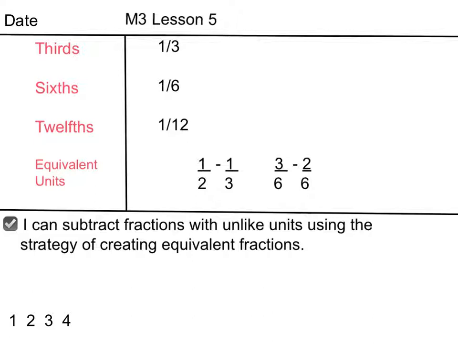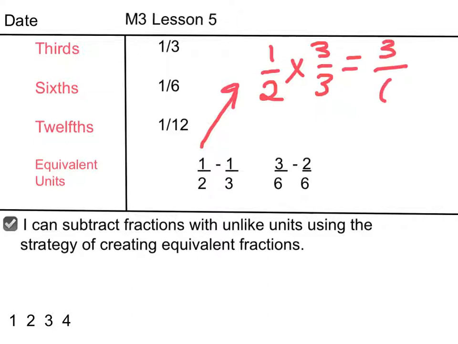So let's go on, and here is my thinking behind 1/2 and the reasoning behind why 1/2 is equivalent to 3/6. Here, off to the side, I want to show you what happens. 1/2 is multiplied by 3/3, and that is how we get 3/6. Okay? This number right here.